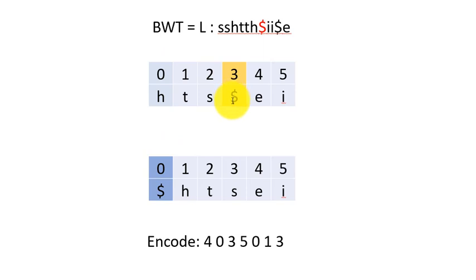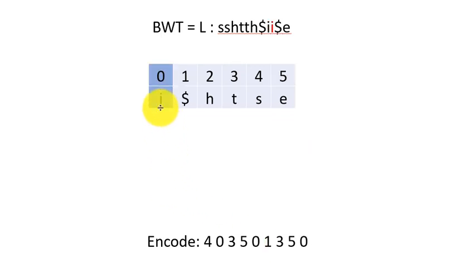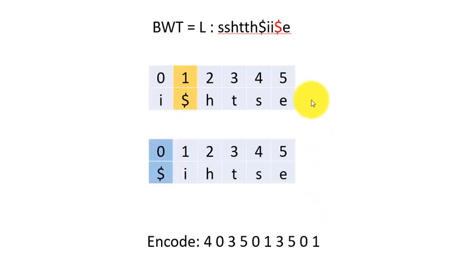The next character is $. I record the index here and then move to the front. The next character is I, I record 5 here, move to the front. Since the I is already at the index of 0, I simply record 0 here. The next character is $ again.